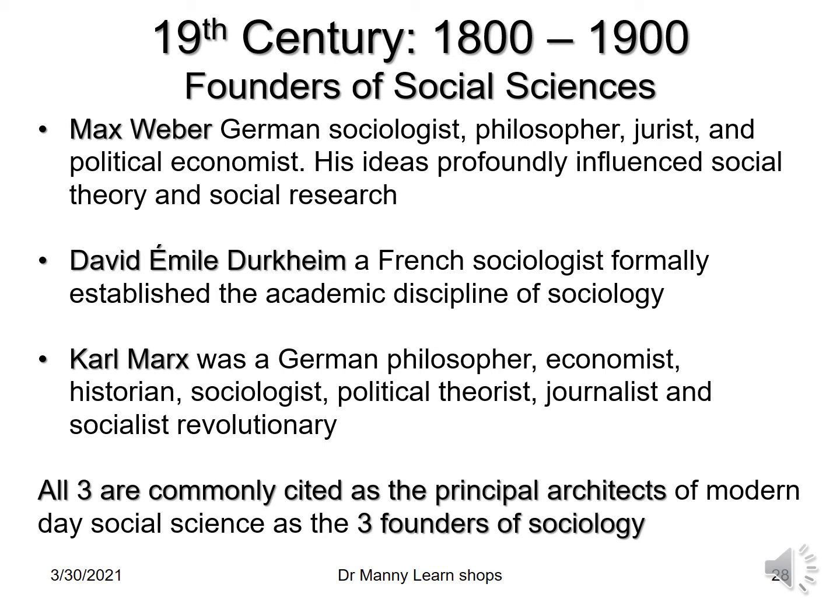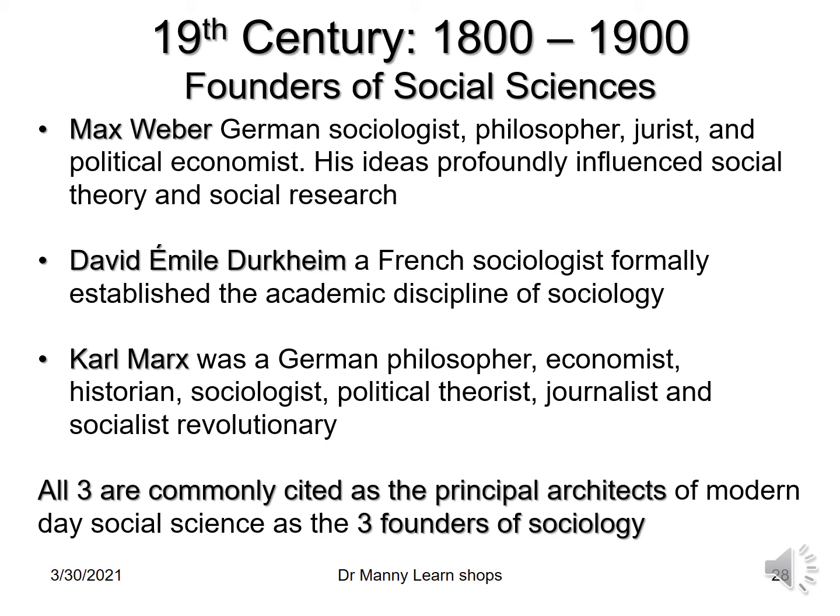Max Weber was a German sociologist, a philosopher, a jurist, he dealt with the law, and a political economist. His ideas profoundly influenced social theory and social research. Emile Durkheim was a French sociologist, and he formally established the academic discipline of sociology.